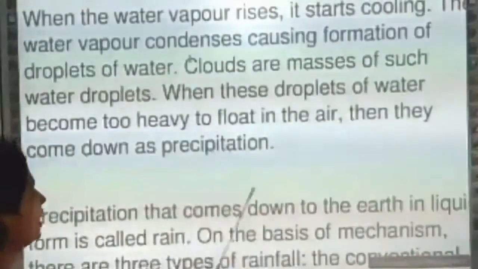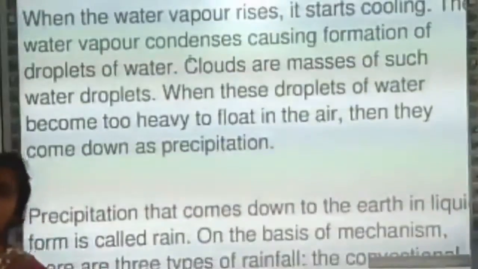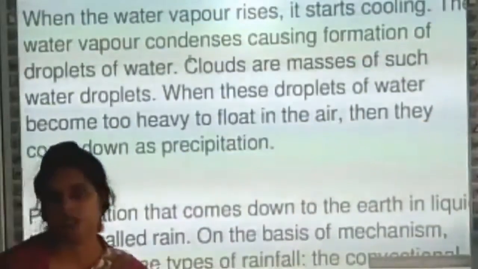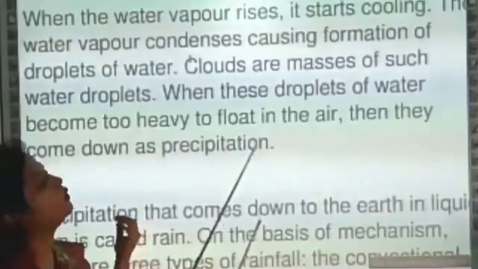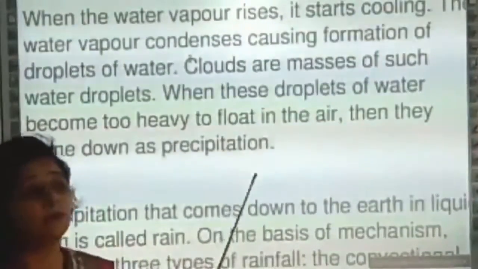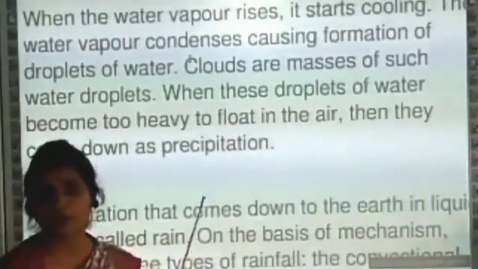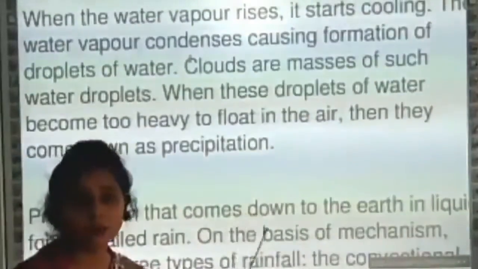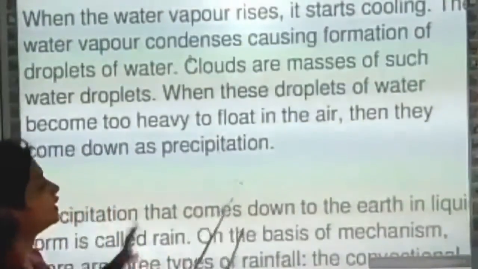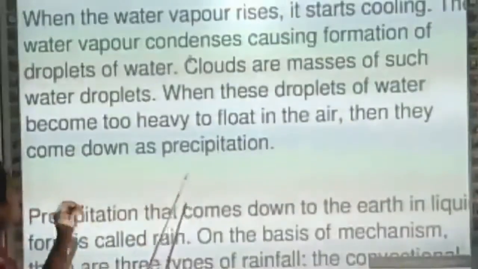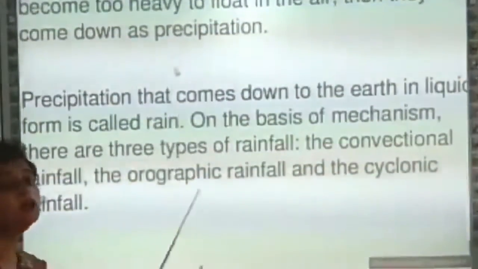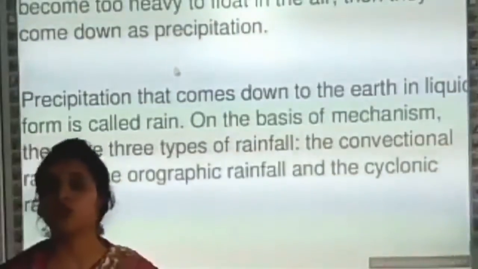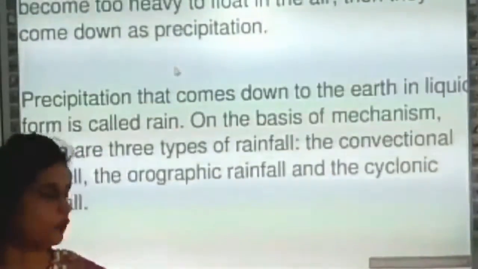Then they come down as precipitation. Precipitation means rainfall is happening. They drop the water droplets because they are too heavy to carry, and this is what we call rainfall.